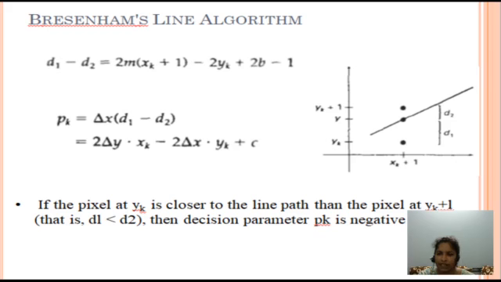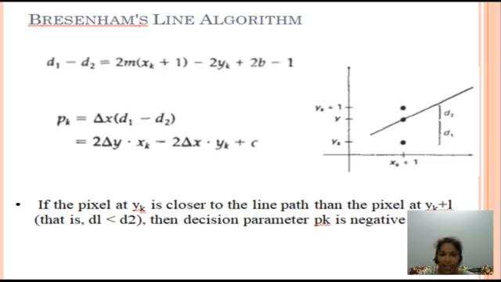If d1 is less than d2, yk is closer to the line path. And if d2 is less than d1, as in this figure, then yk+1 will be closer to the line path.